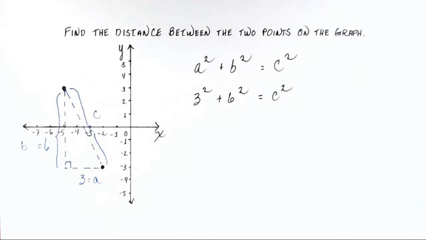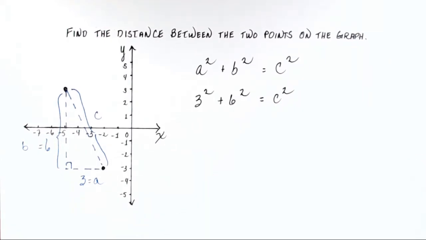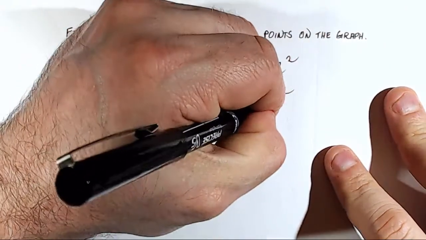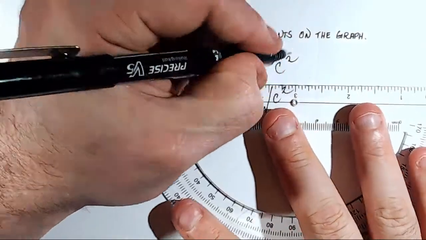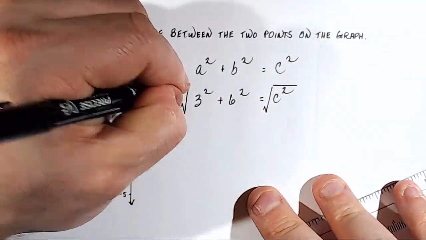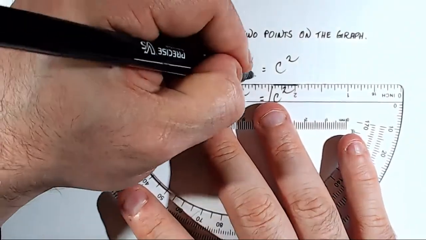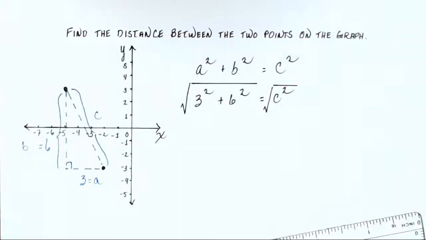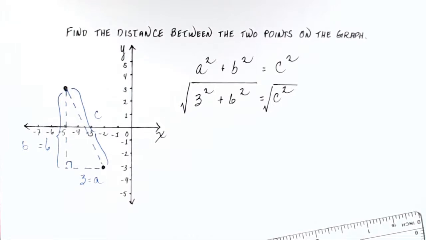Now let's remember, if I've got c squared and I want to get rid of the squared, what do I have to do? Okay, your brain should be thinking of the square root symbol. So you're going to take the square root of both sides. You're going to take the square root of c squared, and you're going to take the square root of 3 squared plus 6 squared, just like that. Okay?